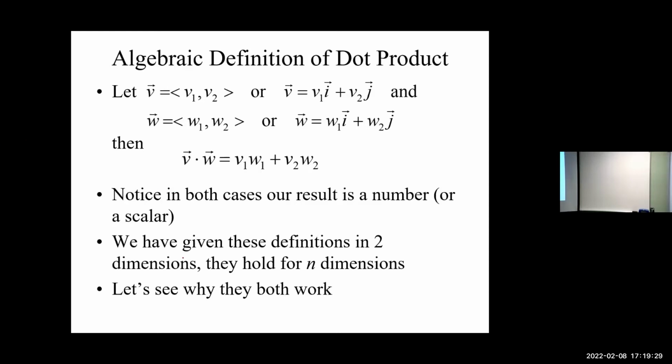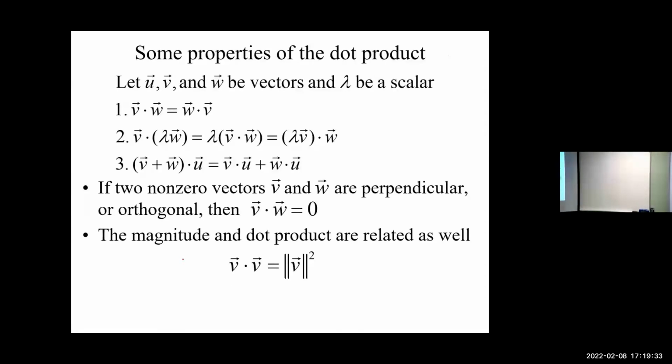All right, just a few properties of the dot product and then how we would use it. First off, because the dot product involves multiplication, it's commutative, meaning the order does not matter. If you do v dot w, it's the same as w dot v. That will not be exactly the same case with cross product.